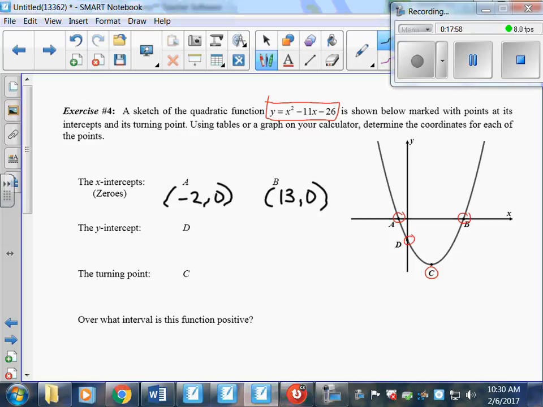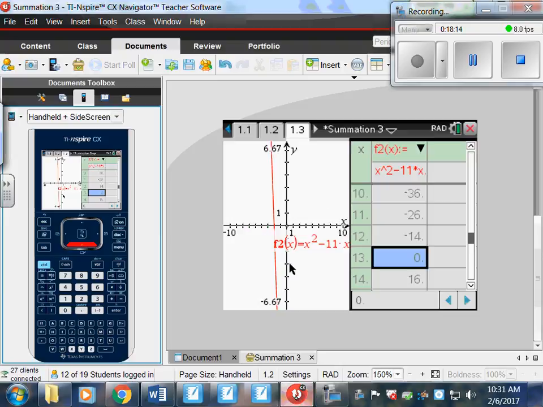The y-intercept is pretty easy with this. If you take a look right here, just like in y equals mx plus b, right here is going to be our y-intercept. So our y-intercept is going to be 0, -26. And we can double check that also on our calculator if we just keep going down. My bad, we have to go the other way.